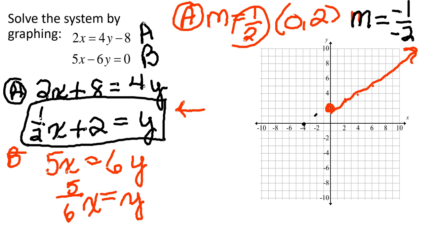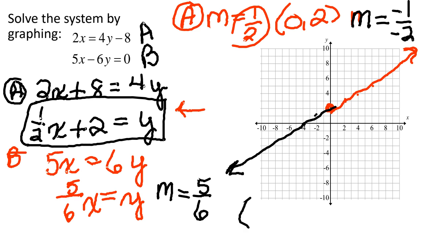Now, B, my slope is 5/6. My y-intercept is 0, 0, which means I'm going right here. That's my 0, 0. Now, from this green part, I'm going up 5. Oh, look at what I got.